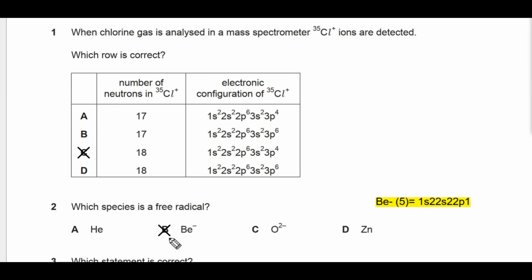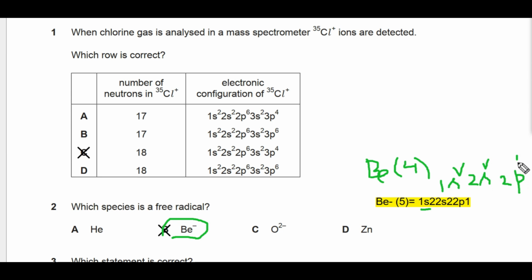So here Be, beryllium has 4 electrons, but Be minus has 5 electrons: 1s2, 2s2, 2p1. So p1 has one unpaired electron, so the beryllium ion can work as a free radical.